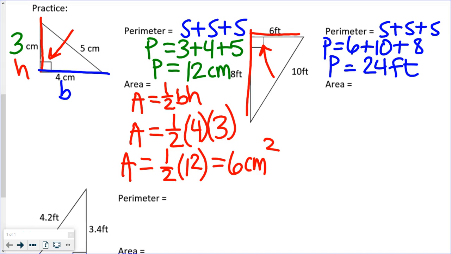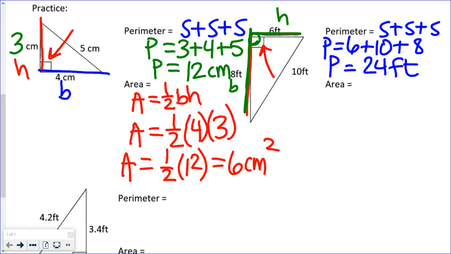What we need to do next is determine what our area is going to be. Just like we talked about, this 90-degree angle, the two sides that are touching that are the base and the height. Now I will tell you this, it does not matter which one is which, because if you were to take this triangle and rotate it to the left, 6 would be your height, and 8 would be your base.